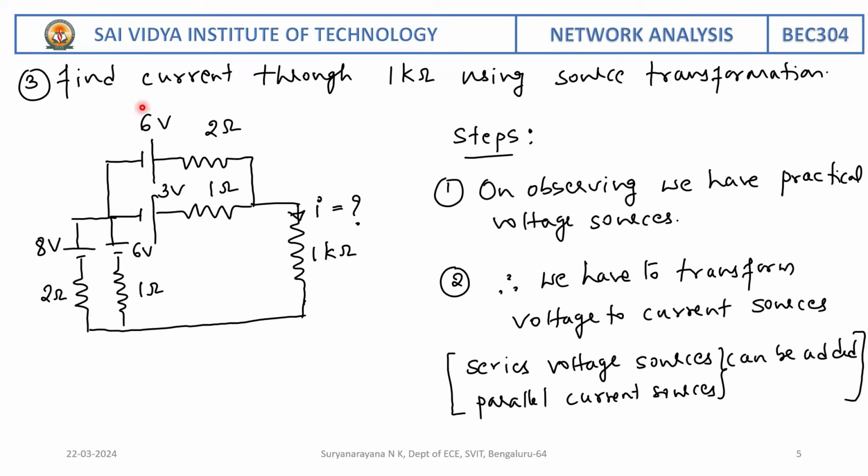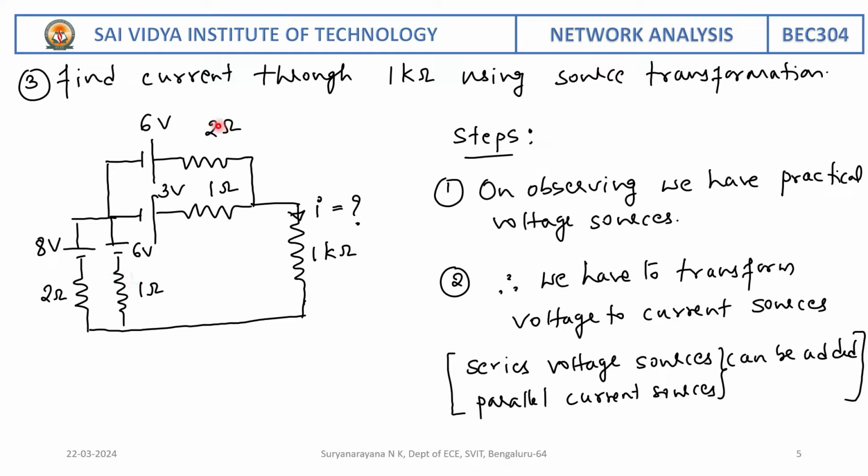This is the third type of problem under source transformation. You have to find the current through the 1 kilo ohm resistor. Observe this circuit. We have only voltage sources in series with resistances.